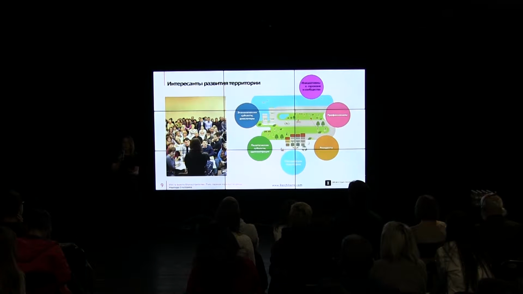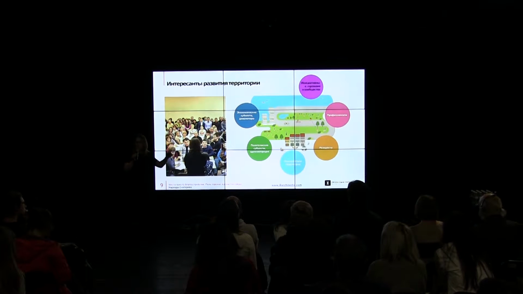These are residents, and residents are those who live next to the spaces. Or maybe some institute, maybe some school that's close to the space. And we understand they have their own interests. They want spaces next to them to develop and become more effective and interesting. Then there are the users.